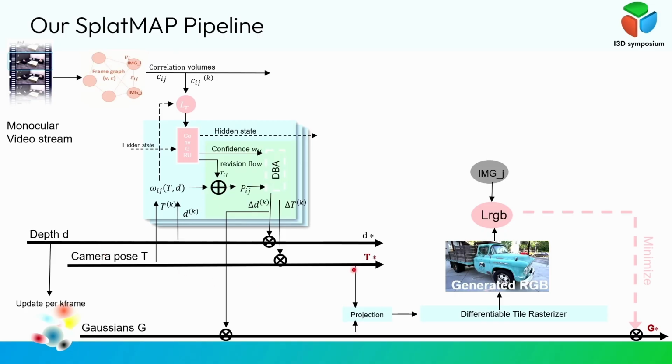Then we introduce the 3DGS training method into the system, so we can utilize the estimated camera pose to project the current initial 3D Gaussian points, and then feed them into the differentiable tile rasterizer, like 3DGS does, and compare the rendered images with the ground truth images, and minimize the RGB loss to help refine and optimize the 3D Gaussian scenes.